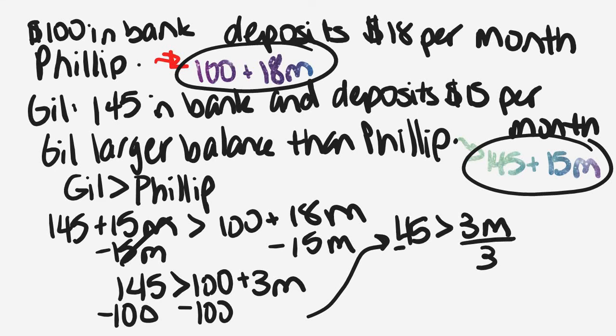And then we divide both sides by 3. And 45 divided by 3 is 15. So 15 greater than m. So for any month less than 15, Gil will have more money.